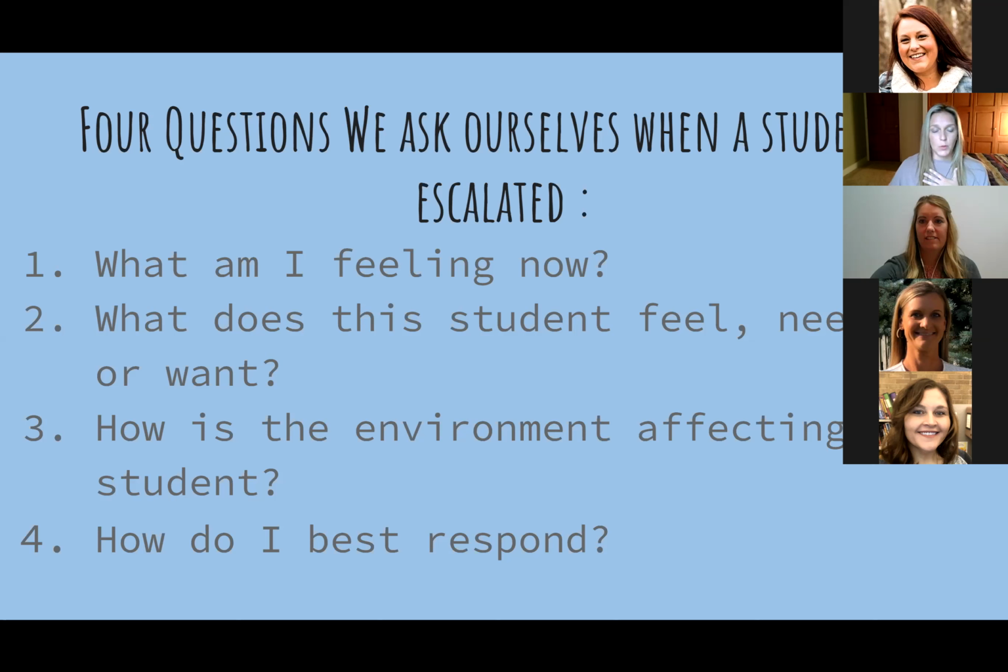Maybe one of their peers is just tapping their pencil without even thinking about it, and that's the thing that is escalating that student. So just thinking about how is the environment affecting the student and what could I do quickly to change that? How can I alter the environment right now that might help this situation without it escalating further?